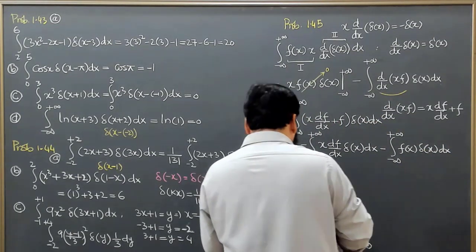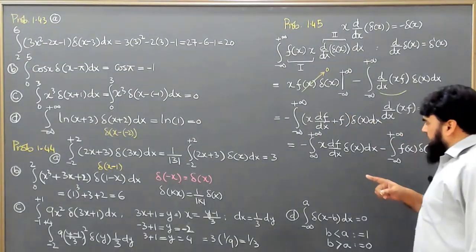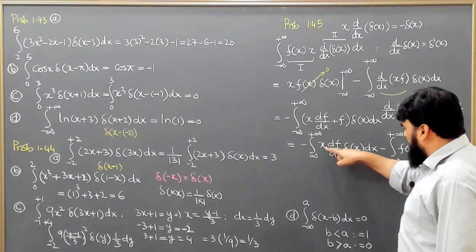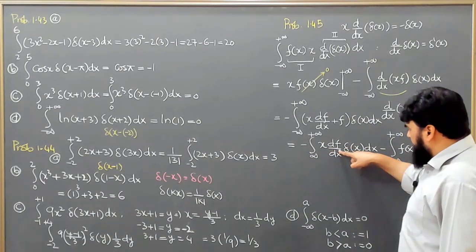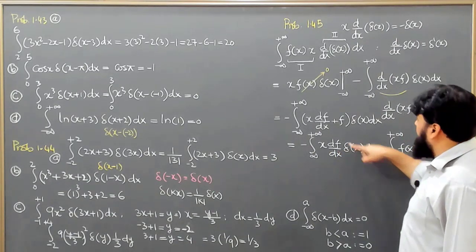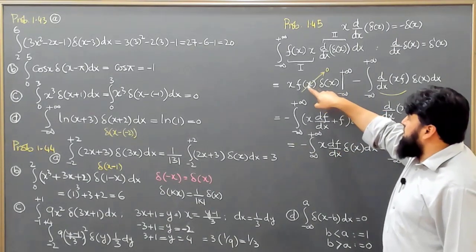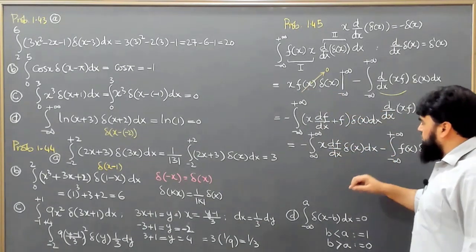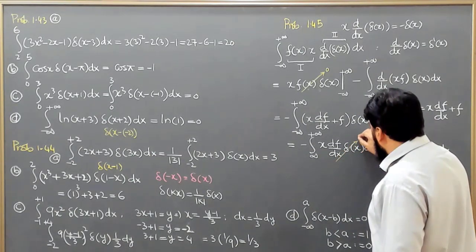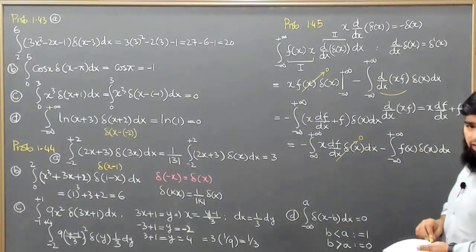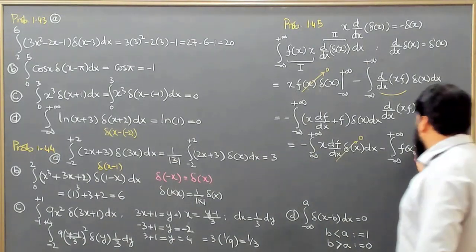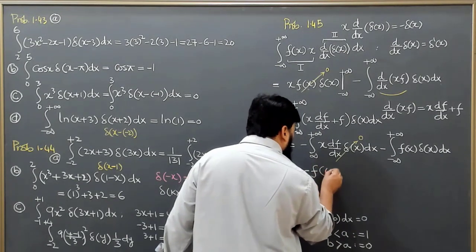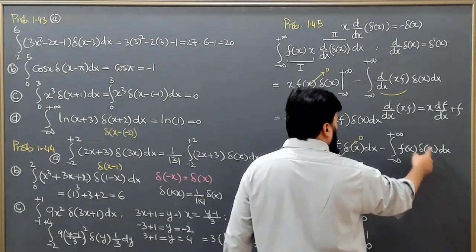Now if I look at the first term again, taking the first function into the integration of the second function, the integral will come out as f of x delta of x, so this term again goes to 0, and we are left only with this one. And what is this? This is equal to minus f of 0, because it will only give a value when x is equal to 0.